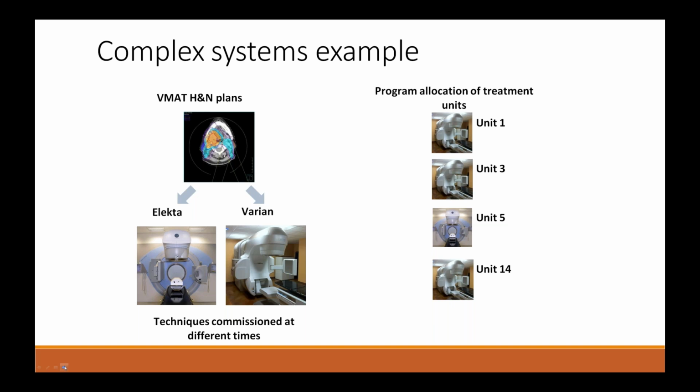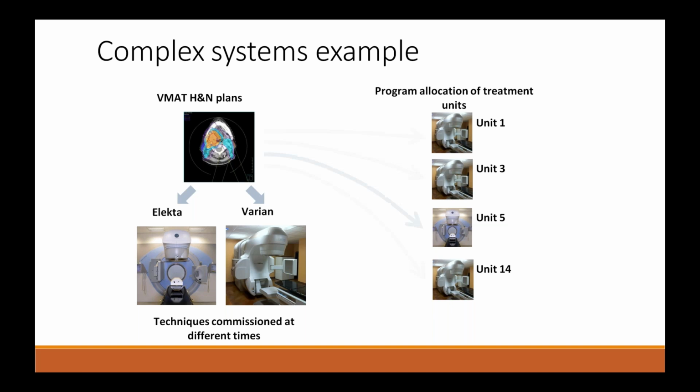The machine physicists had commissioned VMAT for use on the Elekta machine after they had commissioned it for the Varian machine. So park that thought for a moment and let's think about how we were treating our patients at that time. All of those head and neck patients were treated on 4 different treatment units. 3 of the units were Varian, and one of them, unit 5 in this diagram, was an Elekta machine.